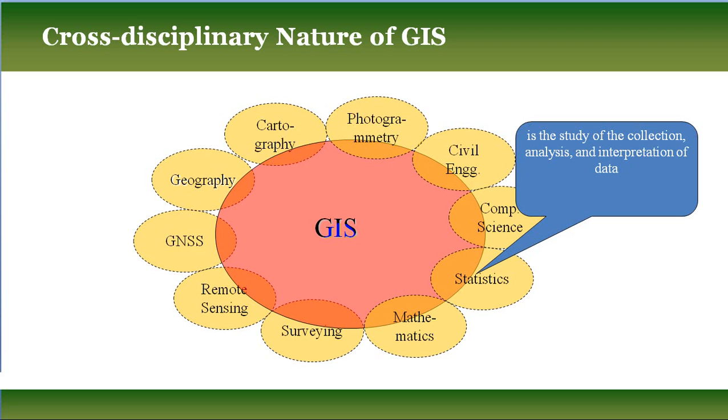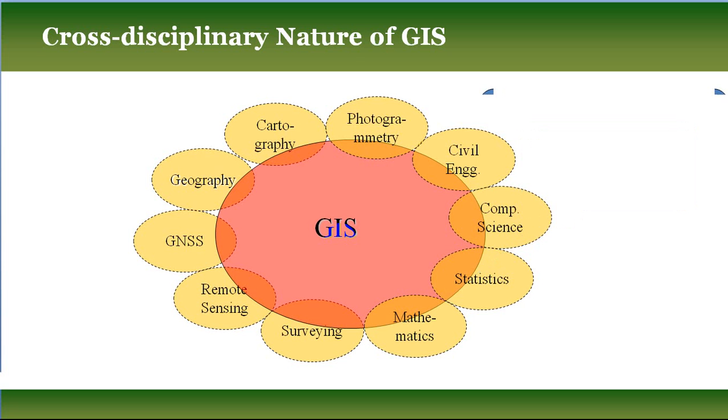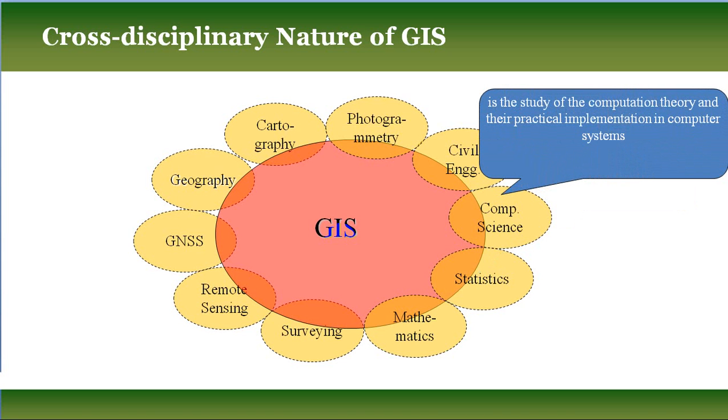For doing this, you have to understand and learn a lot of statistical theory concepts, because GIS borrows all such statistical theory. And then comes, as you know, computer science. It is the study of computational theory and its practical implementation in computer systems.